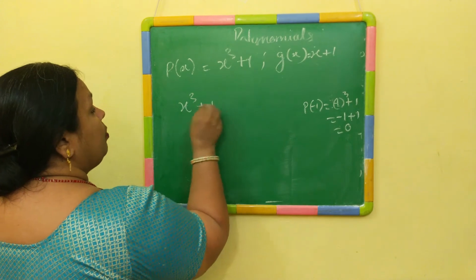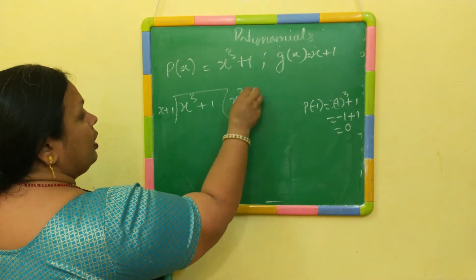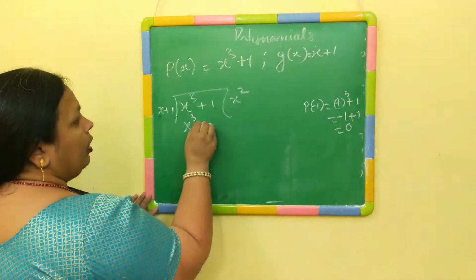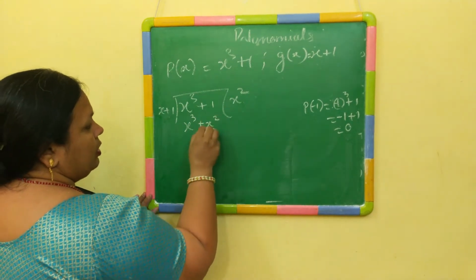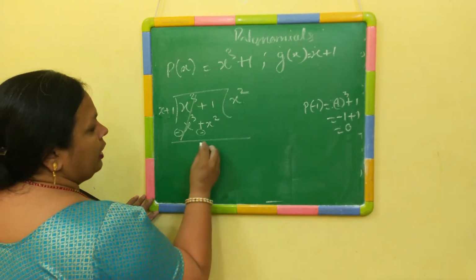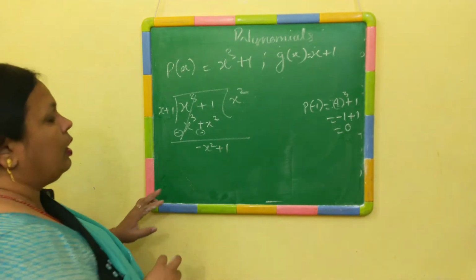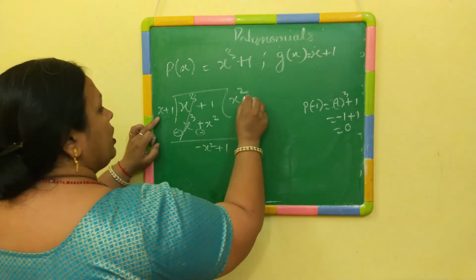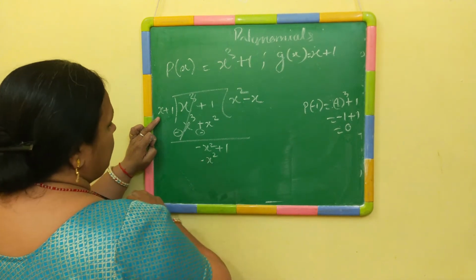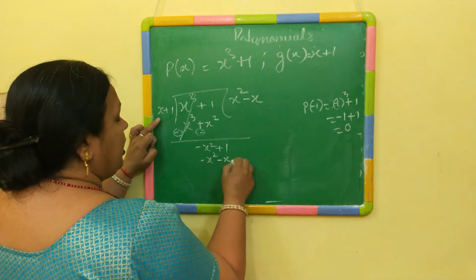So we will get a remainder 0 when we are dividing this exactly. So x square plus 1, x plus 1, where x square will be coming here and we will be writing it as x cube plus x square. This is minus. This plus will change to minus. This gets cancelled. Here we have minus x square plus 1. Now to make it x square minus x, you will get minus x square, plus into minus is minus x.